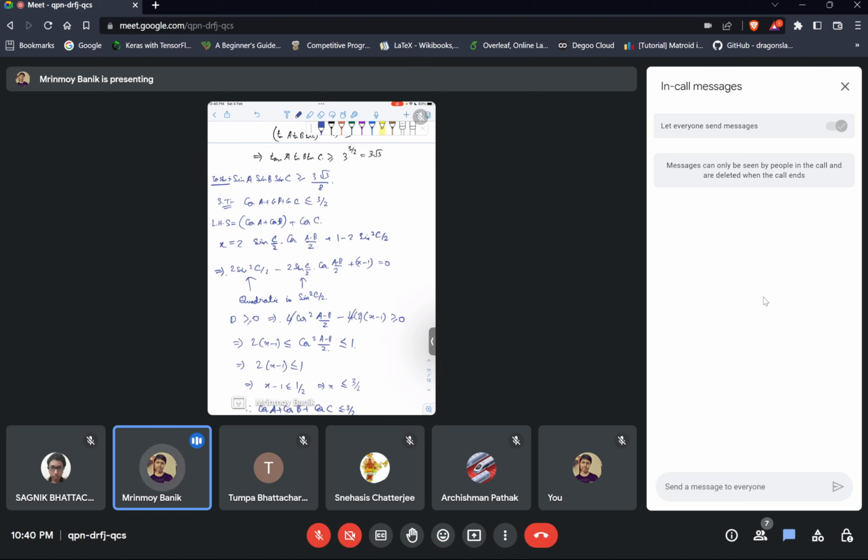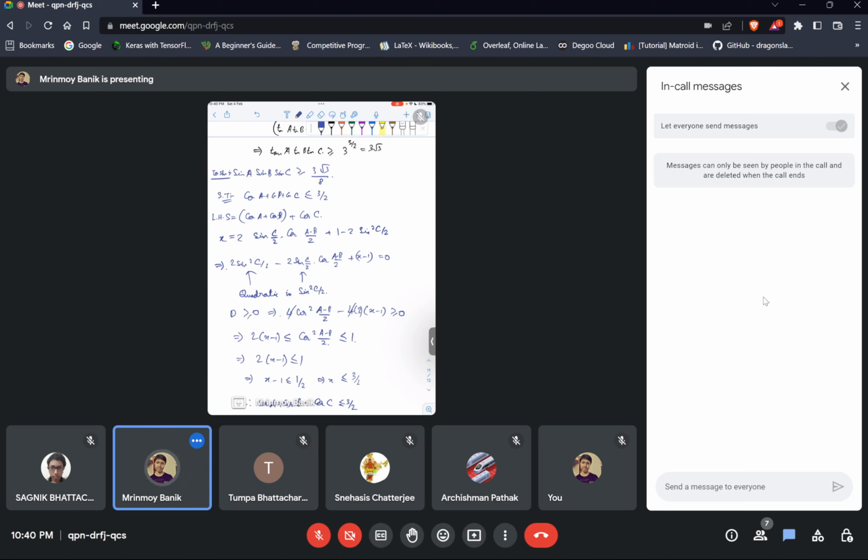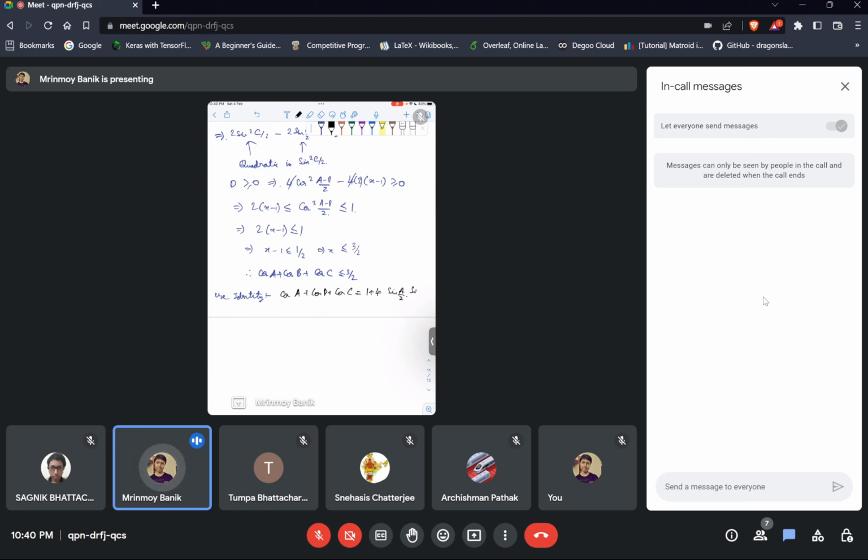Now once we have got this inequality for the cosines, we can use this identity. That identity is cos A plus cos B plus cos C is equals to 1 plus 4 sine A by 2 sine B by 2 sine C by 2.